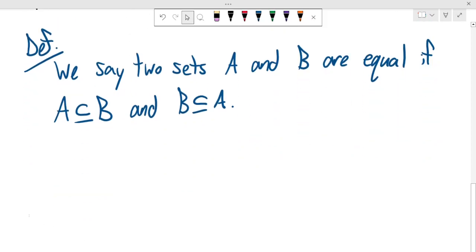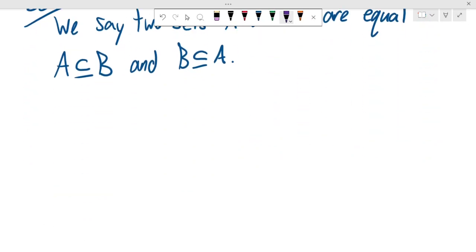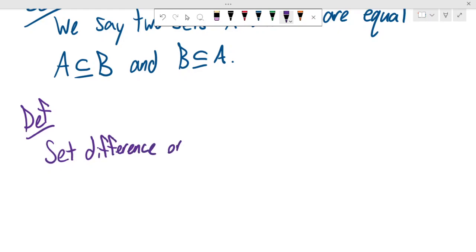So a few more important definitions here. Other things that I've referenced before, a set difference, or also sometimes called a relative complement. And we'll look at the complement in a second as well.